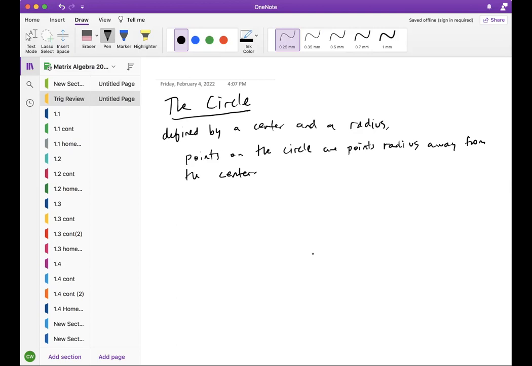So if you have the center here, x, y, and this is your radius, then all points a radius away from the center are on the circle.